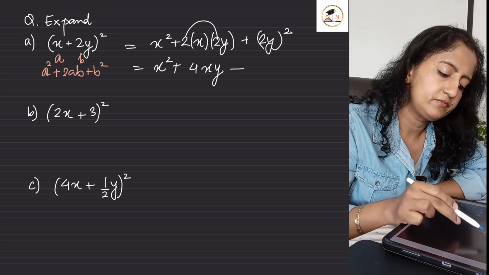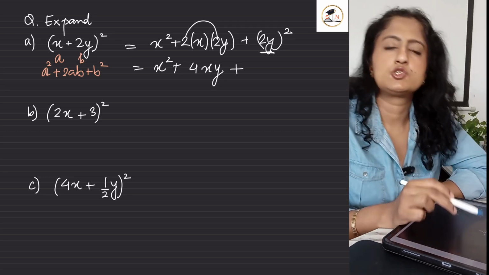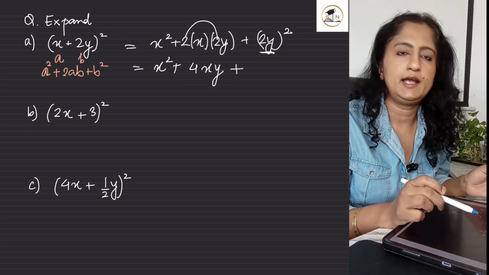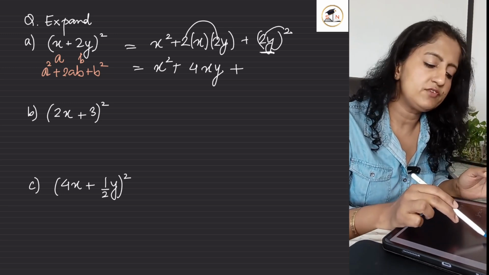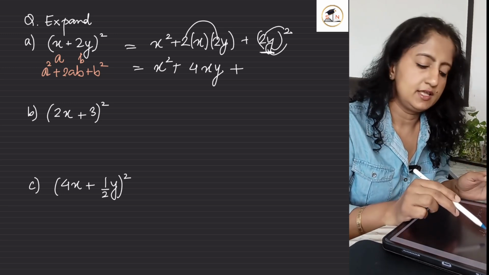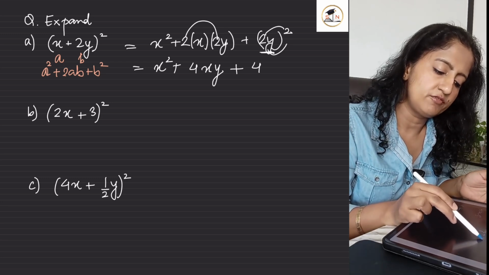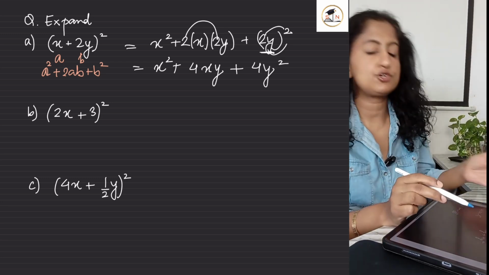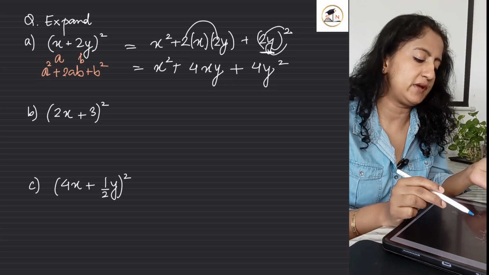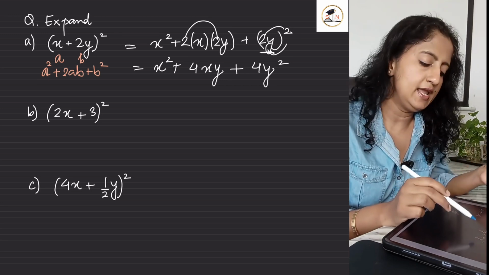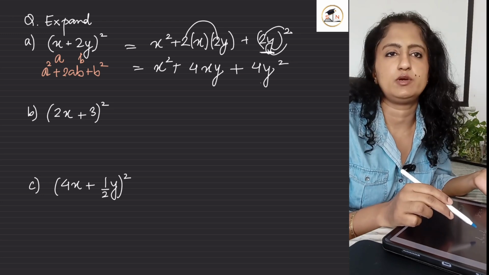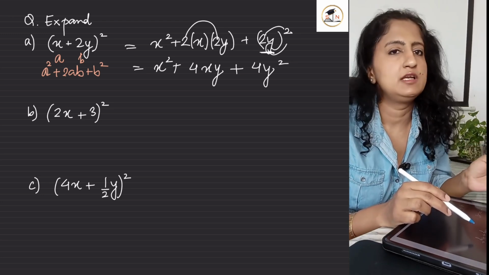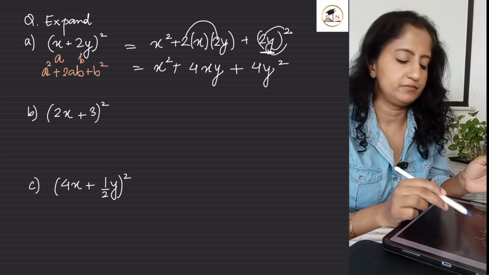After that, (2y) whole square means we are squaring 2 and we are squaring y as well. That gives 4y square. We have just done the expansion of (x plus 2y) whole square, and we got x square plus 4xy plus 4y square. In simply 2 steps, we have got the expansion.